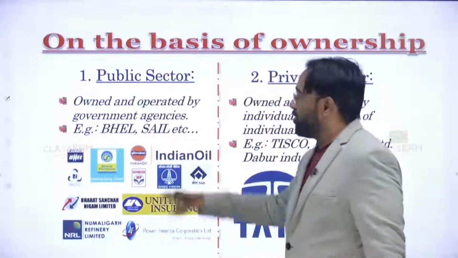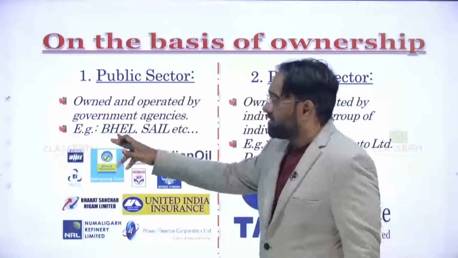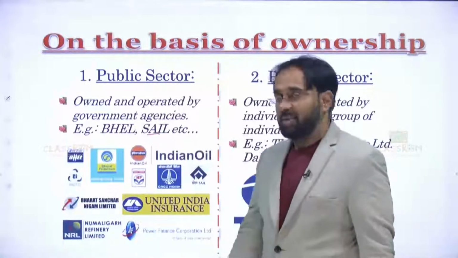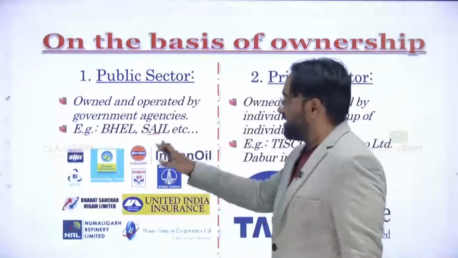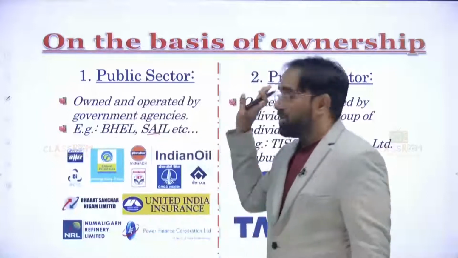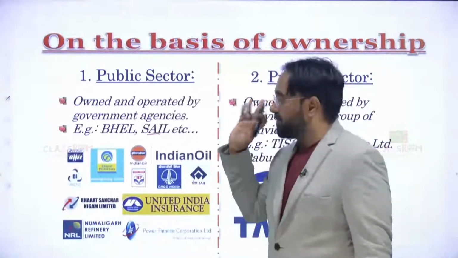Okay, see here, owned and operated by the government agencies: Bharat Heavy Electricals Limited, SAIL, etc. Steel Authority of India Limited, SAIL, Bharat Heavy Electricals Limited, all these are public sector undertakings maintained by the government of India.